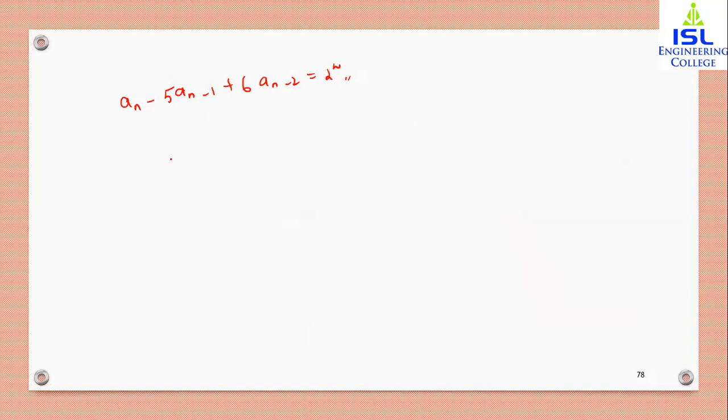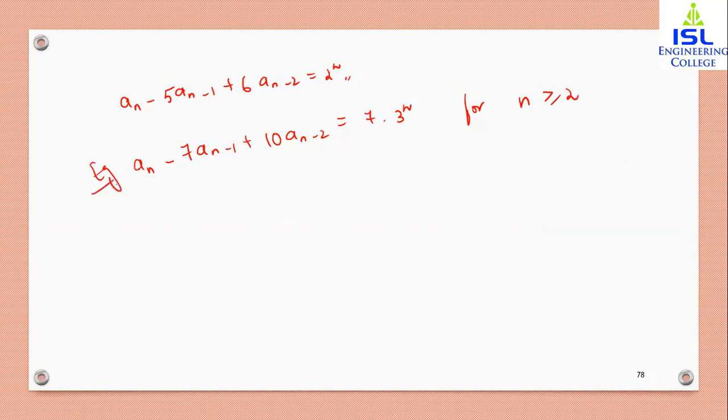This method is for guessing, as I have said earlier, and in the previous class we have seen how we guess the undetermined solution for the same. So for that you can take this example: a n minus 7a n minus 1 plus 10a n minus 2 is equal to 7 into 3 power n for n greater than or equal to 2.